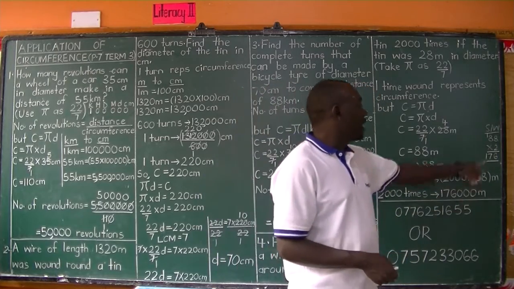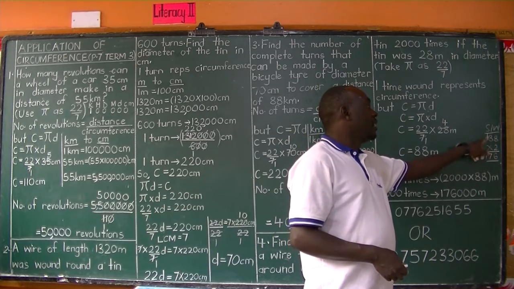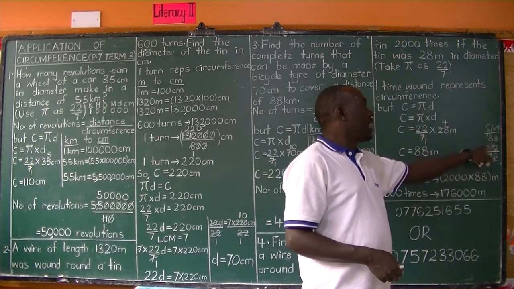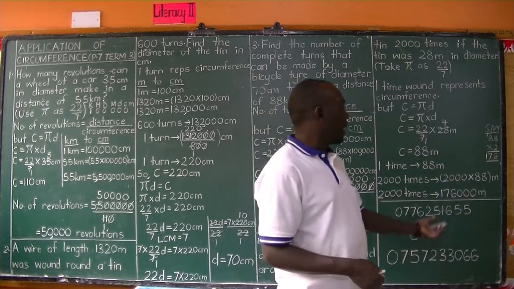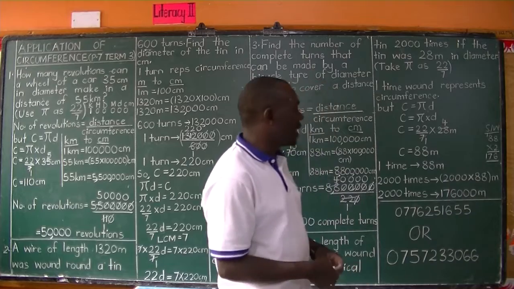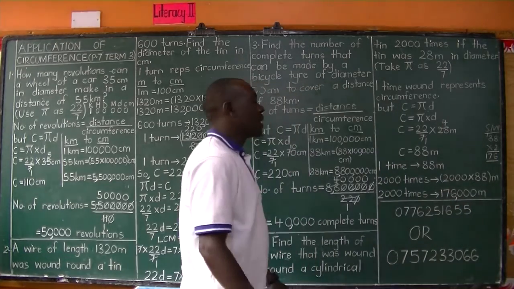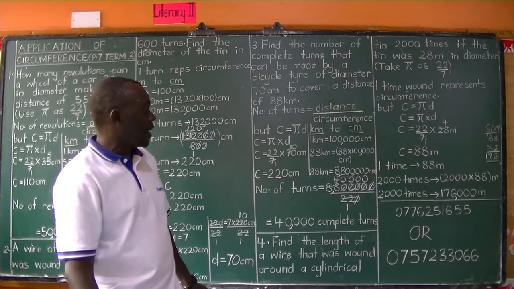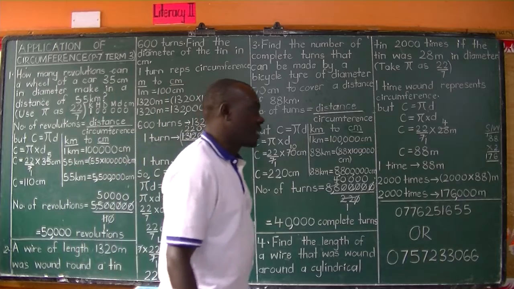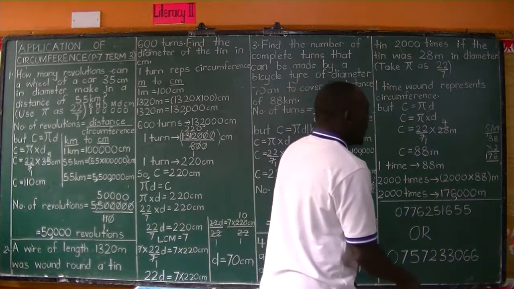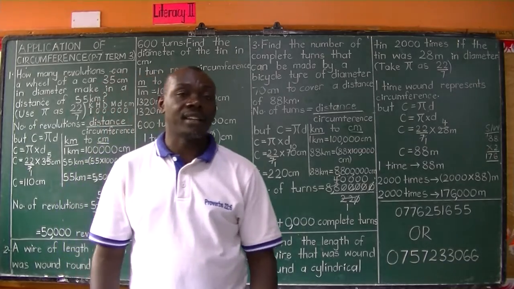So we multiply 88 by 2. 2 times 8 is 16, 6 and carry 1. Then 2 times 8 again is 16 plus 1 is 17. You get 176, and then bring back the 3 zeros here. So the length of the wire wound around the tin of diameter 28 meters, 2,000 times, was 176,000 meters long. That's how we answer that question.